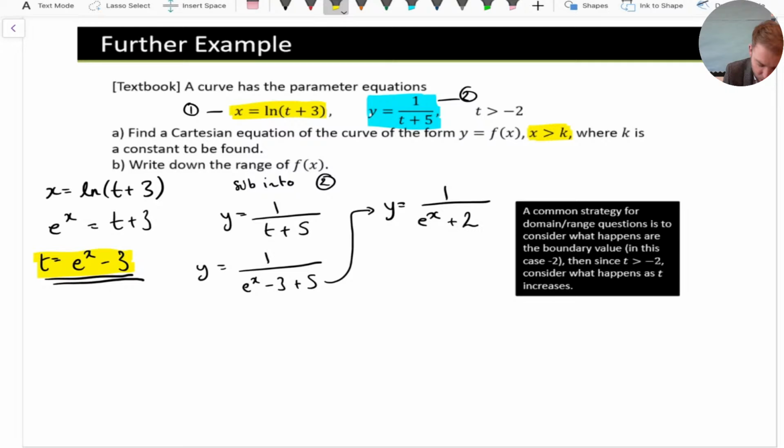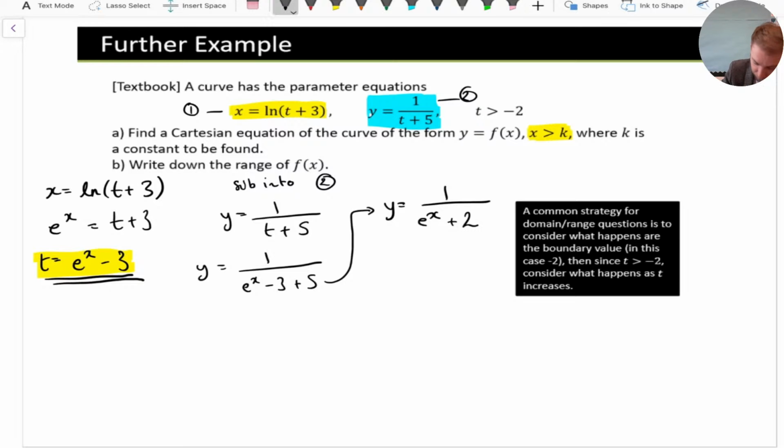However, I know that for ln x, the graph is constantly increasing, like so. We know that it's constantly increasing, so we can just think about the boundaries for this one here.